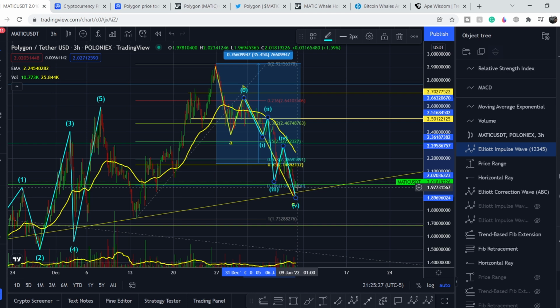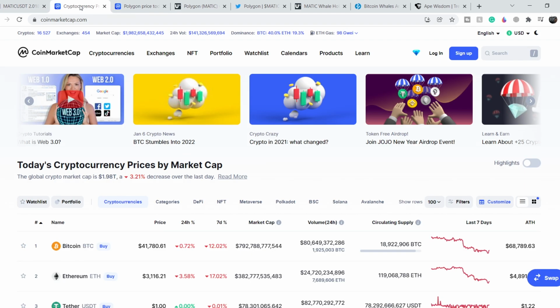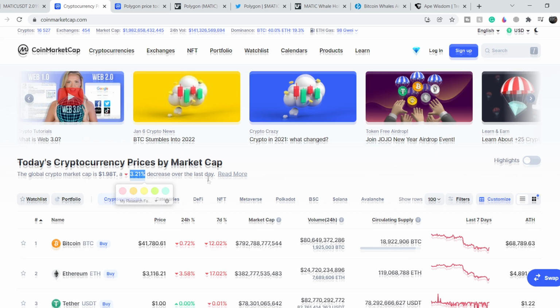So I will show you what we should expect next in my technical analysis, but for now let's continue with the fundamental news. Let's start with the total market cap. For now, we are hovering at $1.98 trillion of total market cap, and as you can see, we broke the $2 trillion range, and it is a 3.21% decrease over the last day.